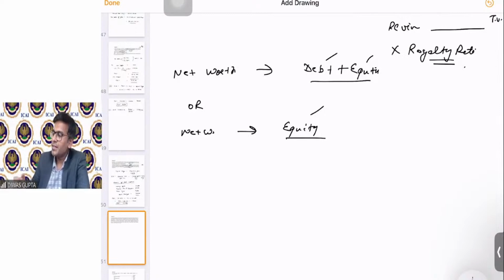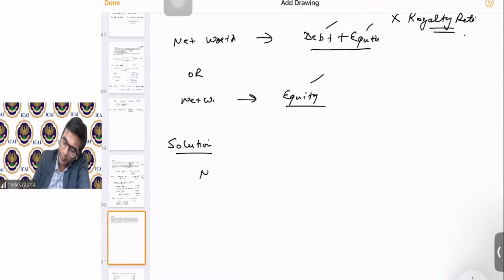Now, the catch here is that in this EVA calculation, we have not been given the overall cost of capital. We have to calculate the WACC. So let's start, students. Solution. Net worth was how much? 200, right? This is rupees in crores.